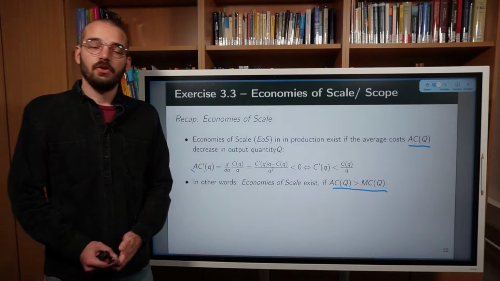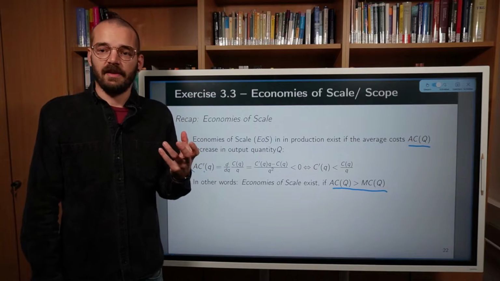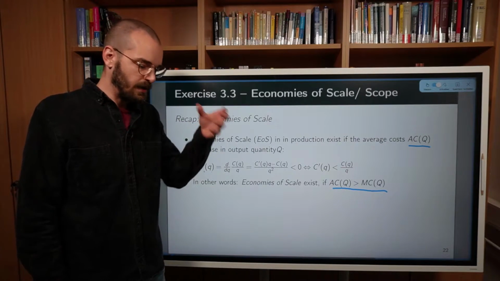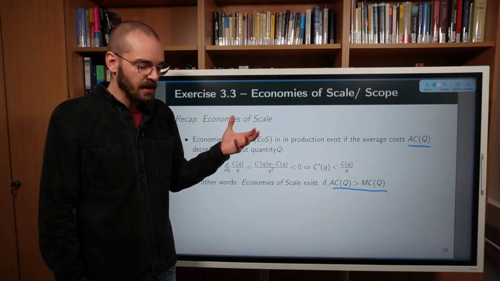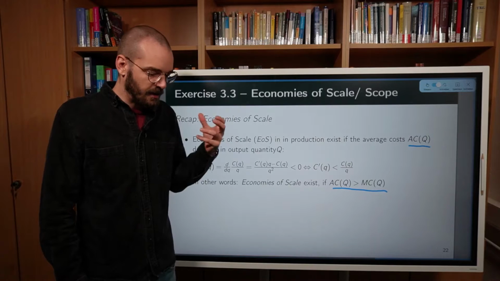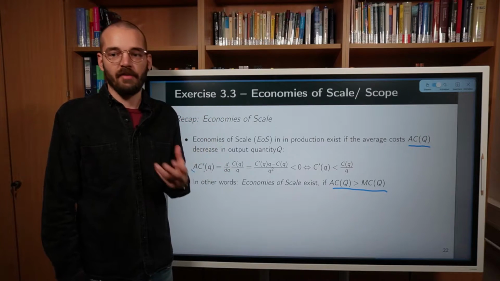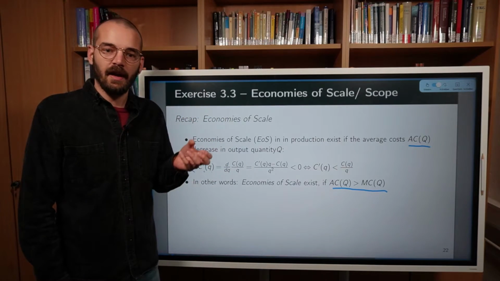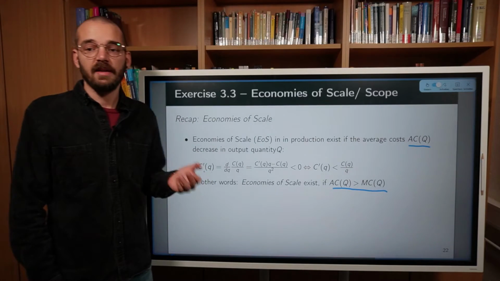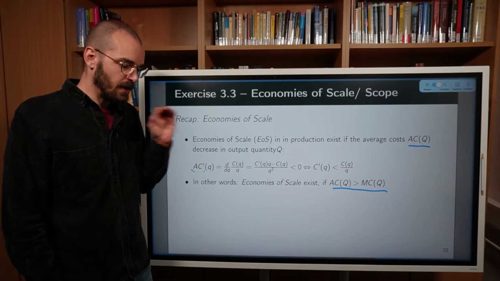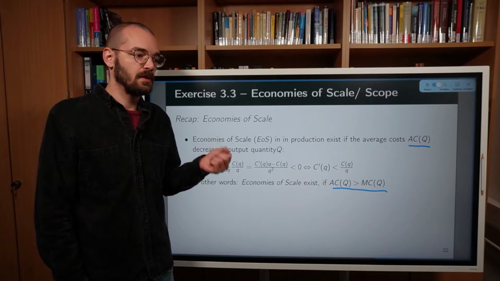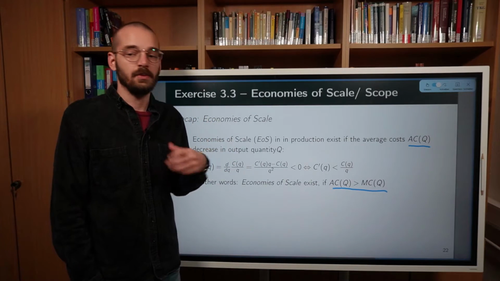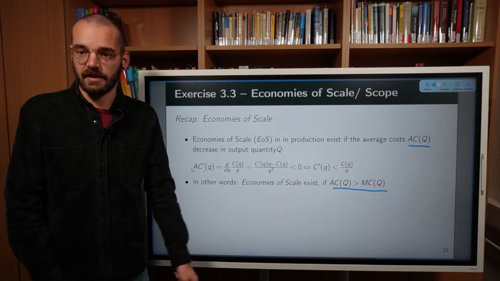And this should make sense intuitively, right? Just consider a situation where you have some amount of average costs given some amount you have produced so far. So you have produced some amount Q, and this amount of Q comes with a certain average cost.